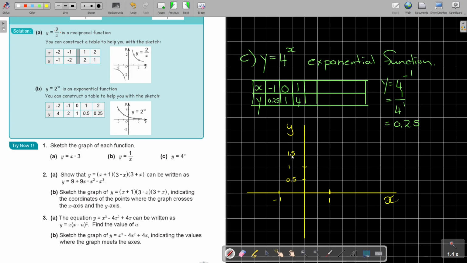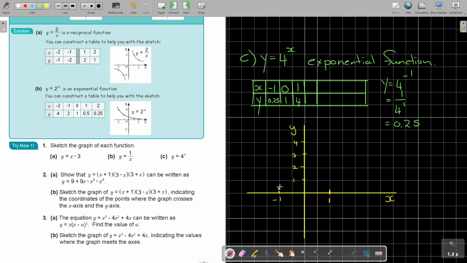So I'm going to rather redo it. This is my x, this is my y, and I'm rather going to make 1, 2, 3, 4, because now I'm going to have -1 and 0.25, say there.